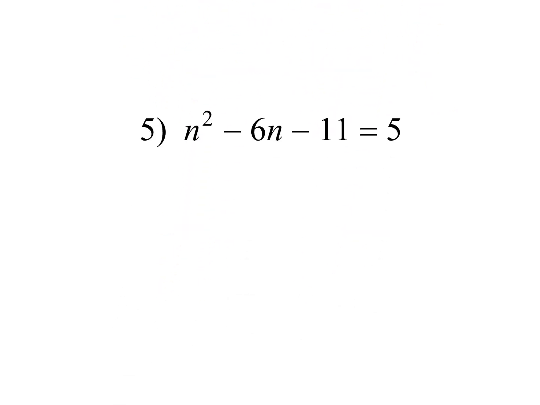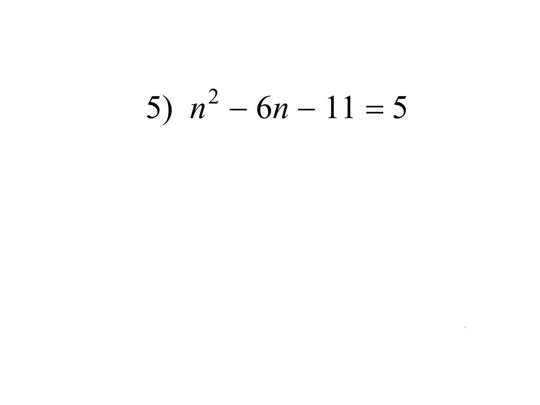So let's look at number 5. What do I have to do first? Add 11. So remember, I want the variables on one side and the number on the other. So this is n squared minus 6n is equal to 16. What's going to go in that space?